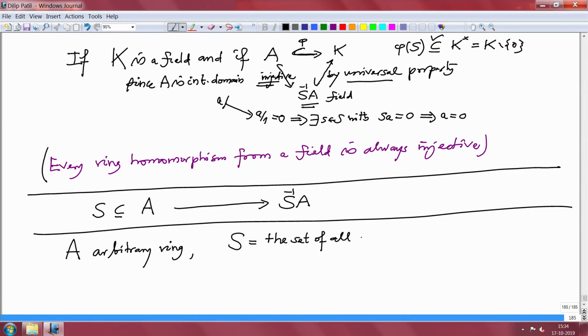But in general in a ring there may be zero divisors and they will cause problems. The maximum you can do is take S to be the set of all non-zero divisors.